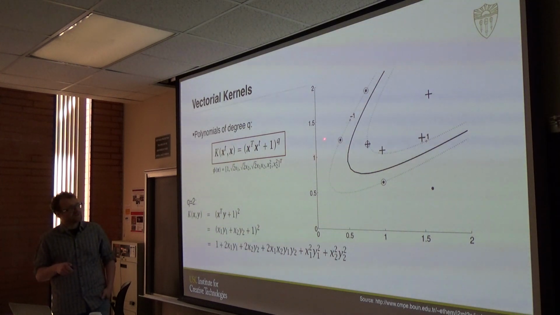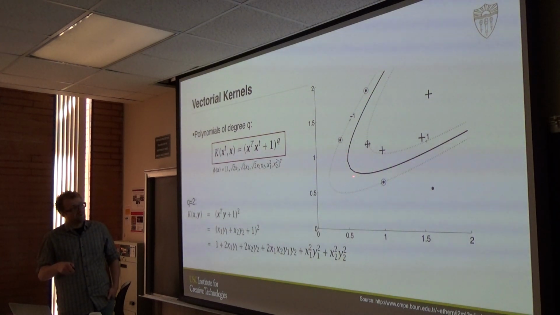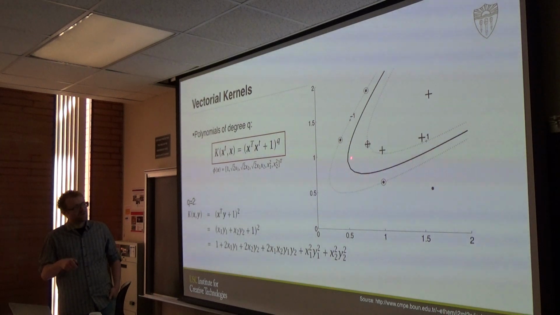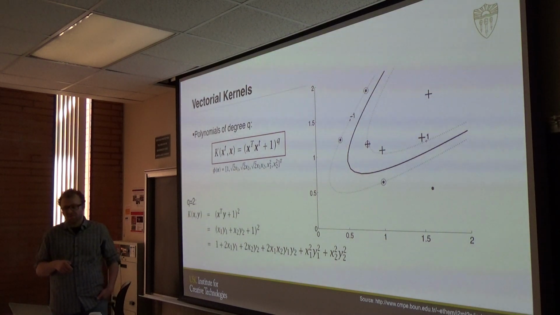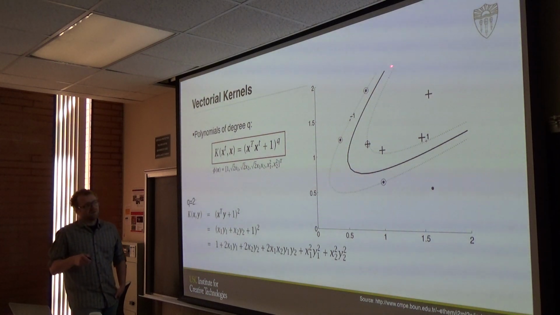And how does this look? Well, basically, it allows us to find separation hyperplanes, or separation boundaries, that are curved like this. So this is a polynomial of degree 2. A polynomial of degree 1 obviously would be a line again, so that's a linear function.